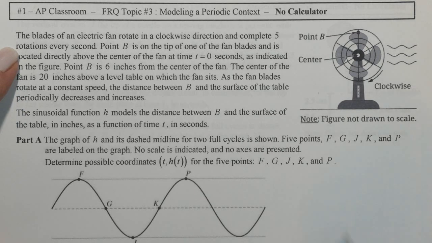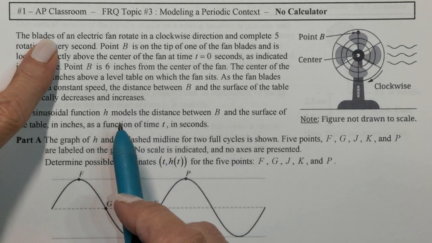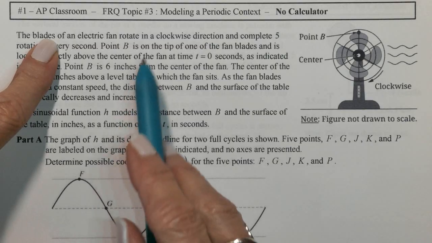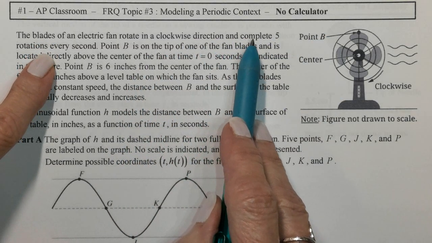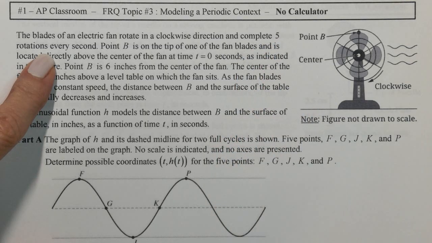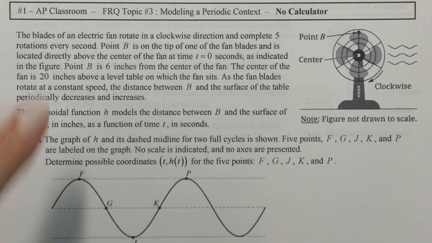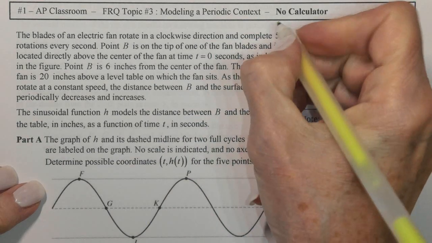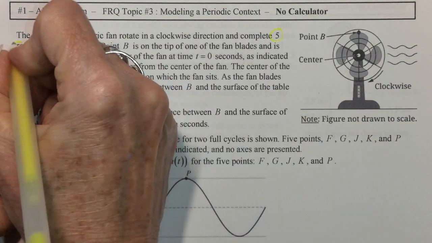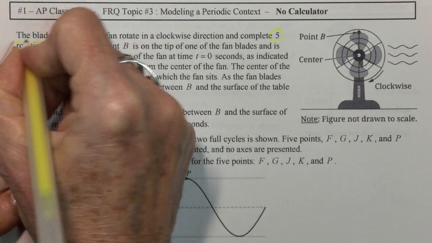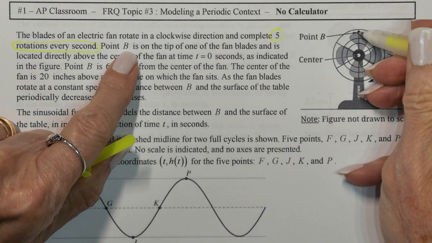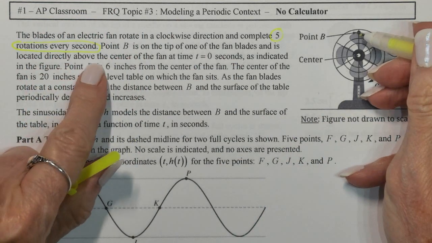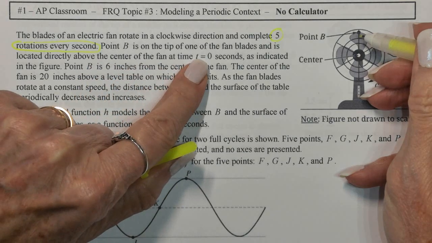In this first one, we have the blades of an electric fan. They're rotating clockwise, and they complete 5 rotations every second. We'll remember that. Point B is on the tip of one of the fan blades and is located directly above the center at time 0.